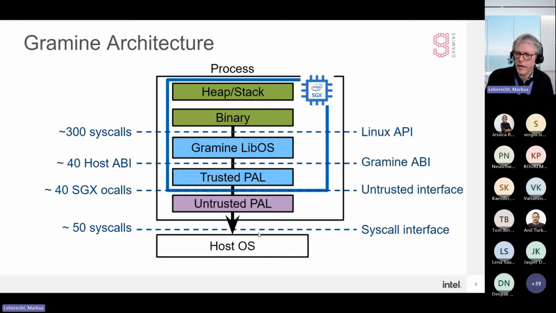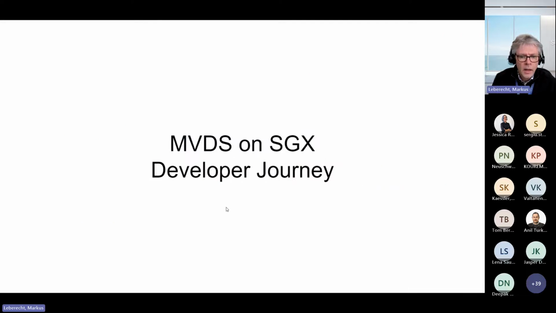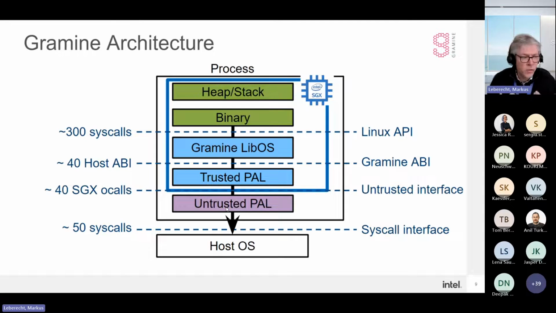In some cases it will take some performance because you're crossing the boundaries, but typically, if Gramine can stay within the enclave with the operating system services, it will do so and not waste performance in crossing the context boundary. And that's actually already what I wanted to present.